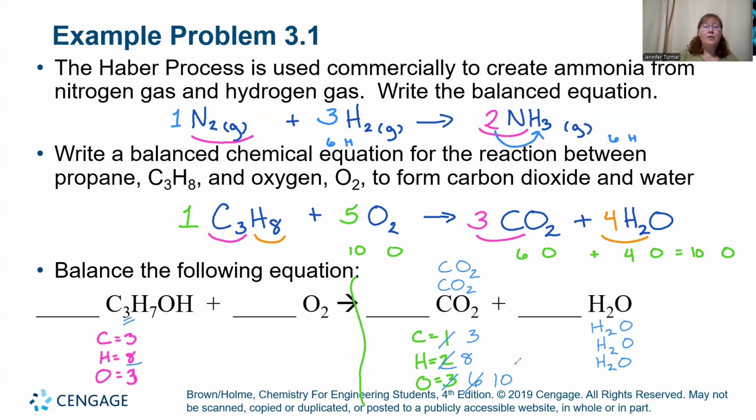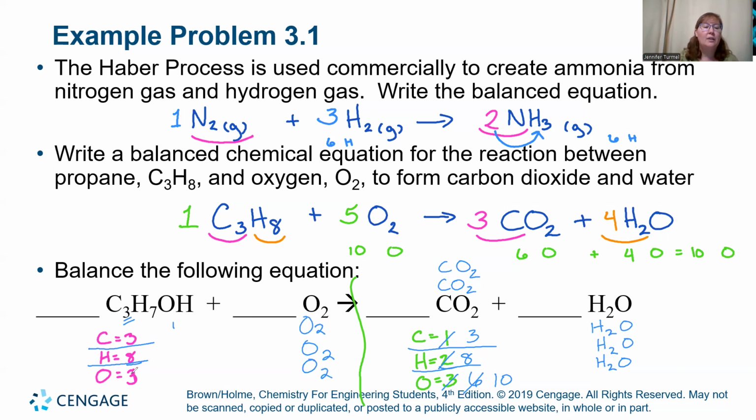Now I can say the 3 matches and the 8 matches for the hydrogens, and I have 1 oxygen here and 2 here. So let's start adding. I have an O2 and an O2 and an O2.